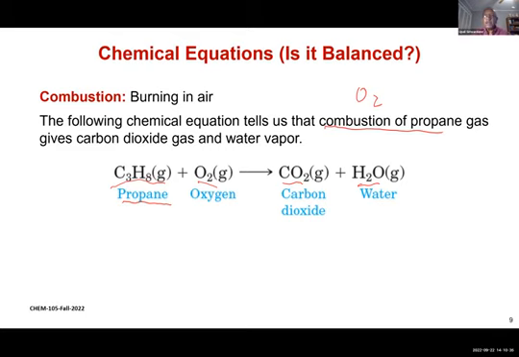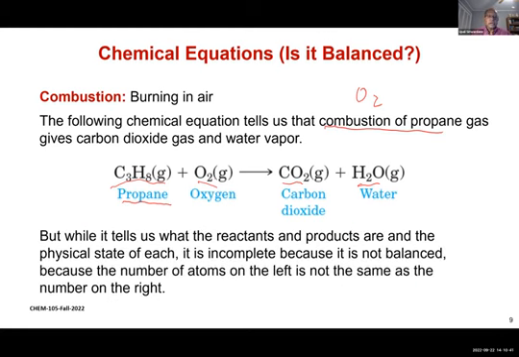So the question is, is this reaction balanced? Along with reactants and products, we show the physical state of each. This is the physical state, gas. All are gases at high temperature. Normally we drop the physical state for common compounds. We know what they are when you use them often.